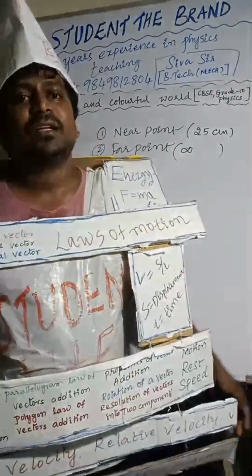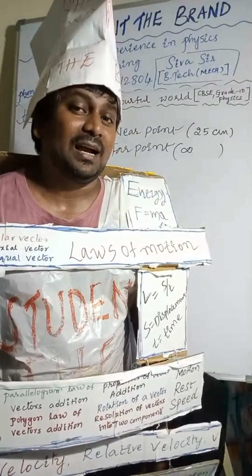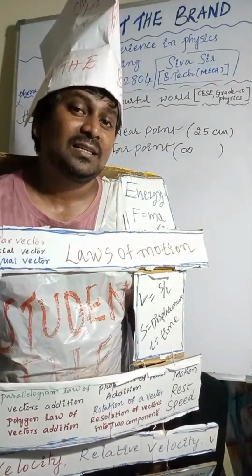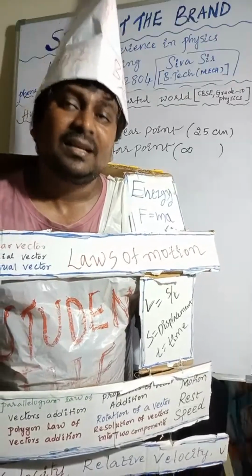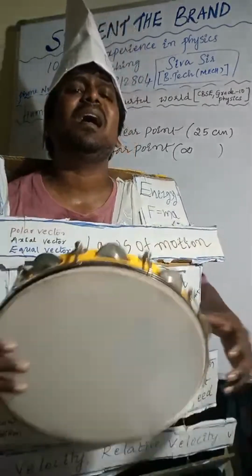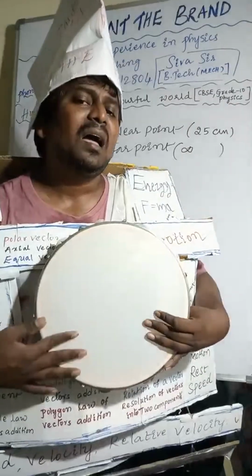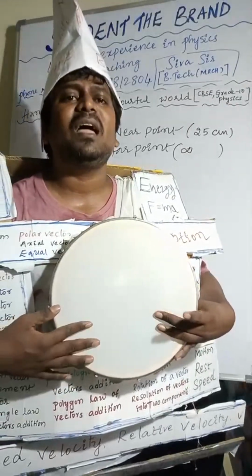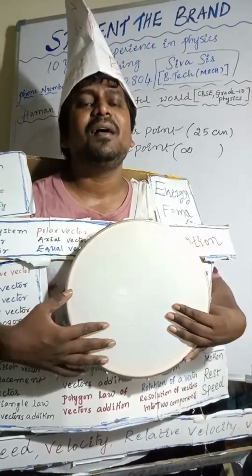Next one. If the person can't see near distance, what is the defect and how can it be corrected? That is hypermetropia.